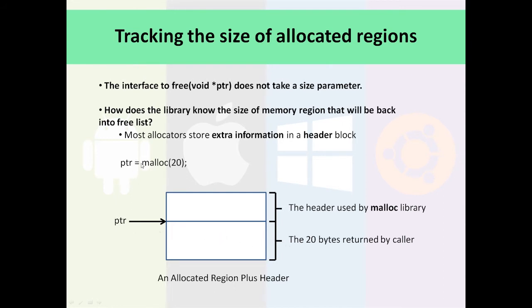And the pointer that you would have declared here points to the start of that region. So whenever you allocate memory and you utilize pointers, you're not actually pointing to the very beginning of that allocated region. You're pointing to the start of the data section of that allocated region, which is found directly after the header component. And it is this header component that keeps track of, say, the size of the block.